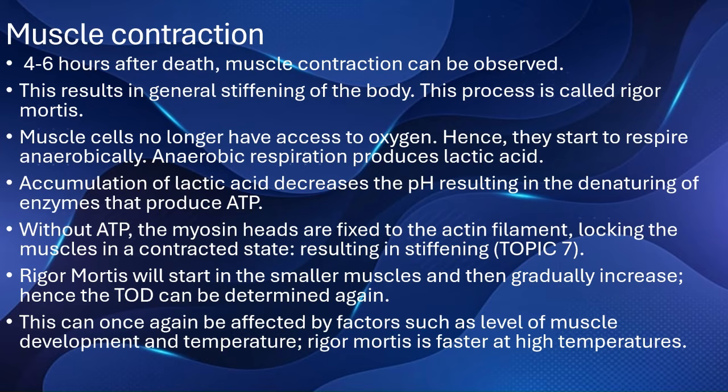Rigor mortis will start in the smaller muscles, usually in the head, and then gradually take place in larger muscles as well. Looking at the progression of rigor mortis can give you a good estimate of the time of death. This can once again be affected by factors such as level of muscle development and temperature. Rigor mortis is usually a lot faster at higher temperatures.